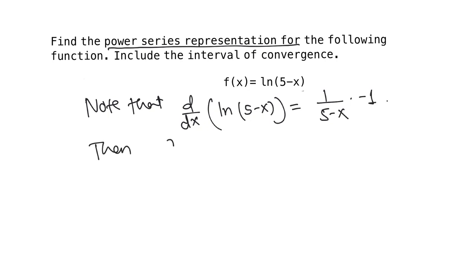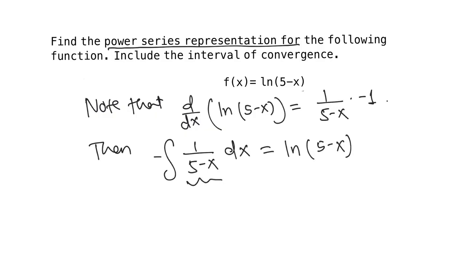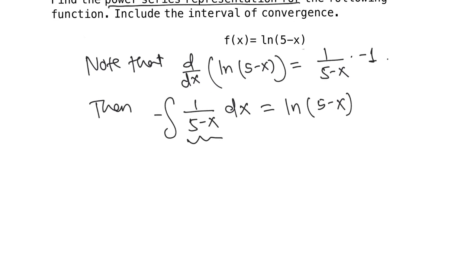Then the antiderivative of the right hand side, negative can be pulled to the front, 1 over (5 - x) with respect to x, is ln(5 - x). Okay, so let's find the power series for this 1 over (5 - x). And we know that all we need is 1 over (1 minus something).